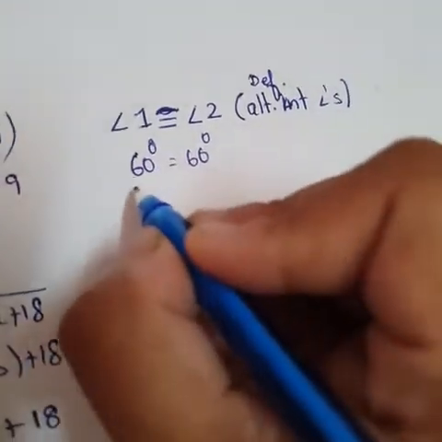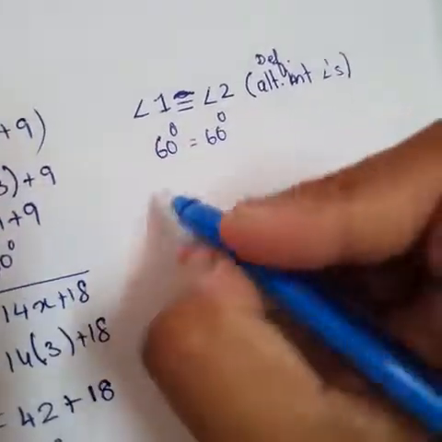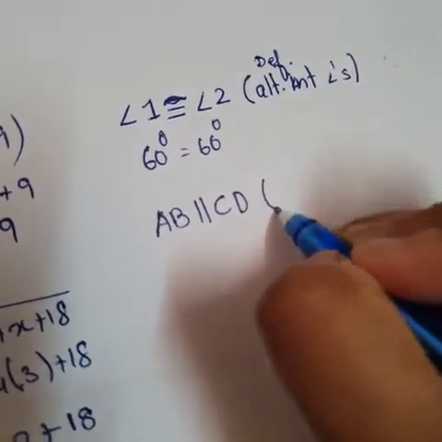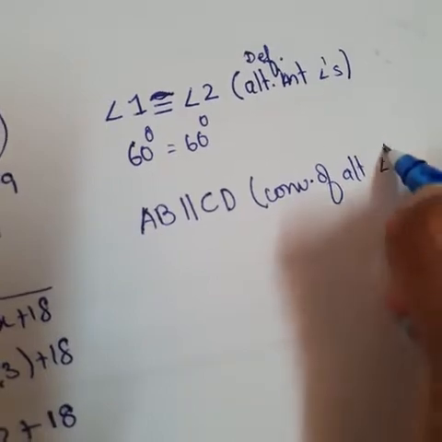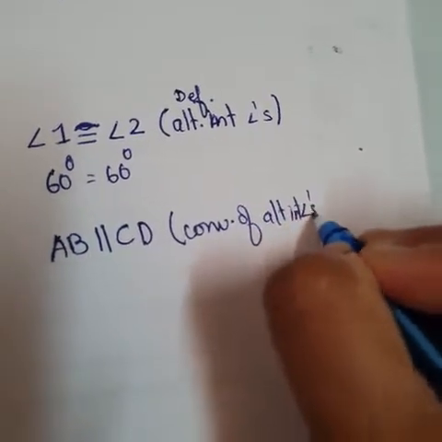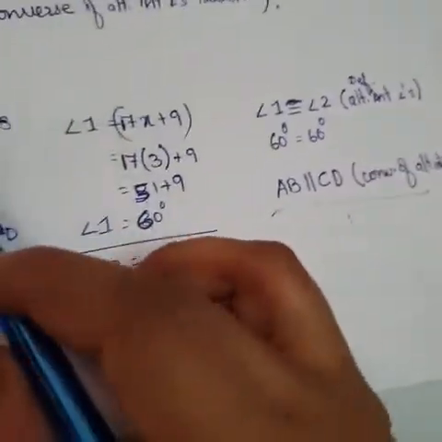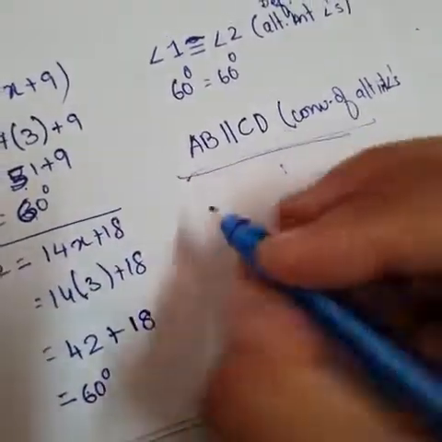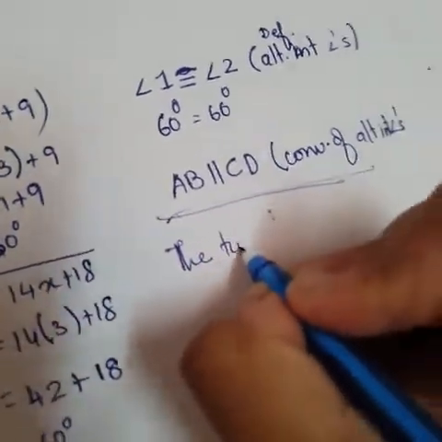We can name our lines AB is parallel to CD because of the converse of the alternate interior angles theorem. So this is how you have to prove that the two landings are parallel. So finally you can give the answer: the two landings are parallel.